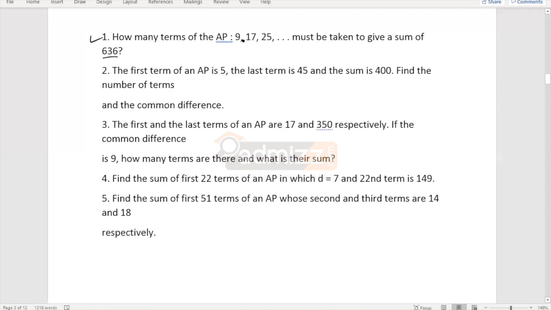Here the sum is given. So what is given here? Sn equal to n by 2 into (2a plus (n minus 1) d). Sn is given, 636. n is not given, you have to find it.